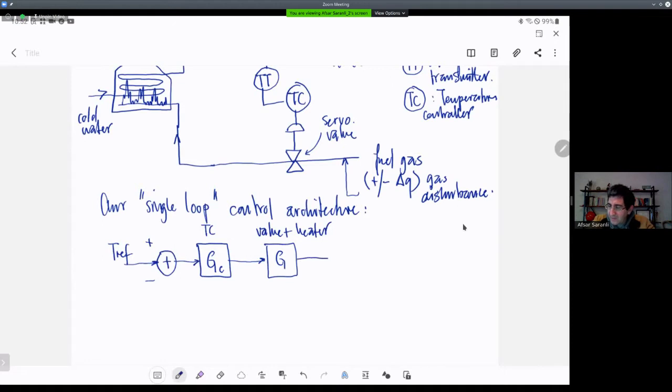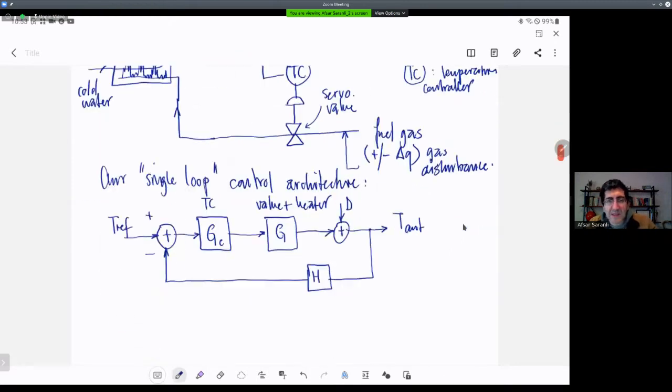And then we have the output, which undergoes a disturbance, let's say D. Okay, and then we have the output, which is T out, and then that is basically measured by the temperature transducer. Okay, we can also have obviously over here an H block, which characterizes what's happening with any measurement device. Okay, so this is our classical single loop architecture.